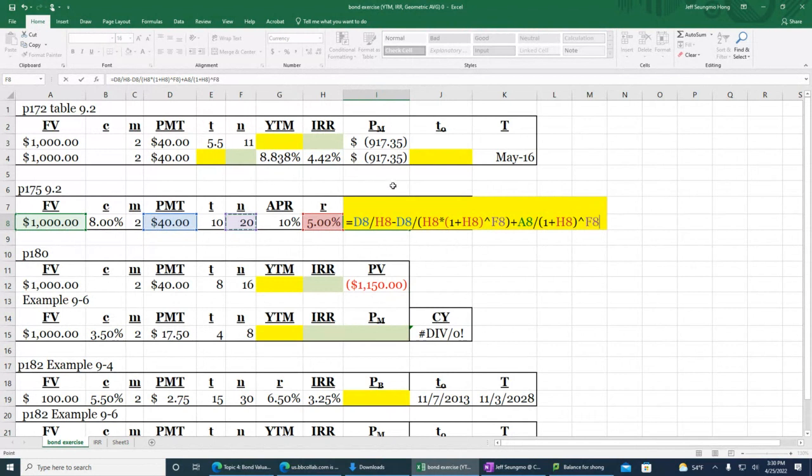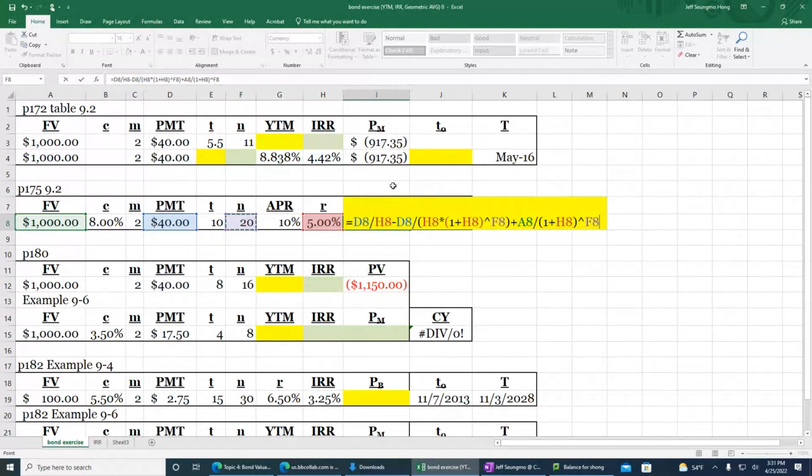Okay? And then even before we get the result, you can already guess whether this is going to be a discount bond or a premium bond. What do you think? Is it going to be a premium bond or a discount bond? Anyone? Discount bond. It's going to be a discount bond. Why? Because we already have the clue.